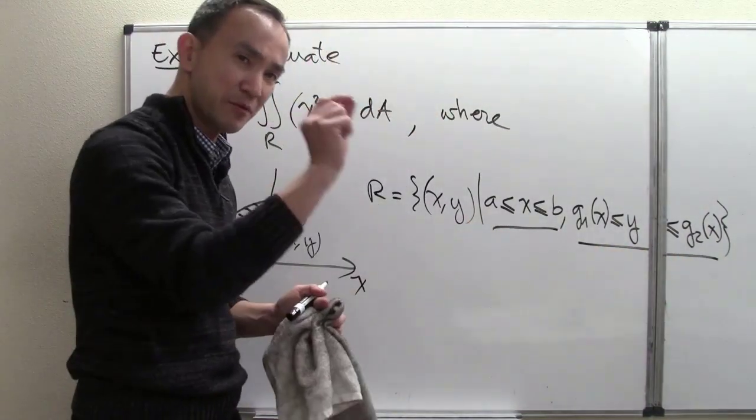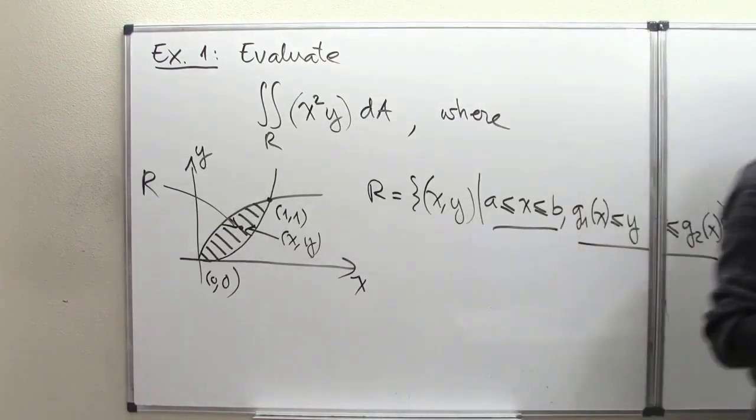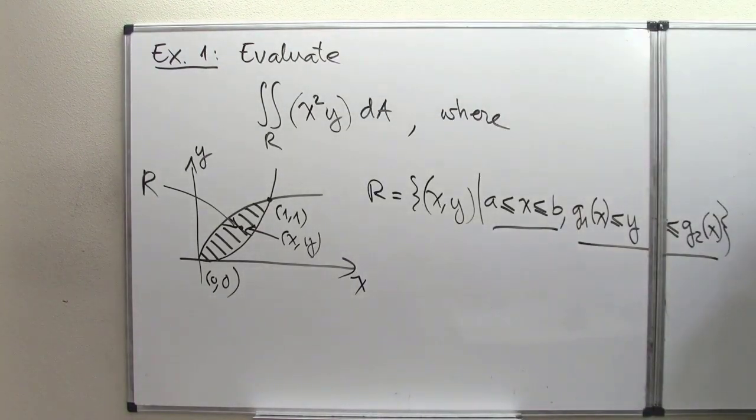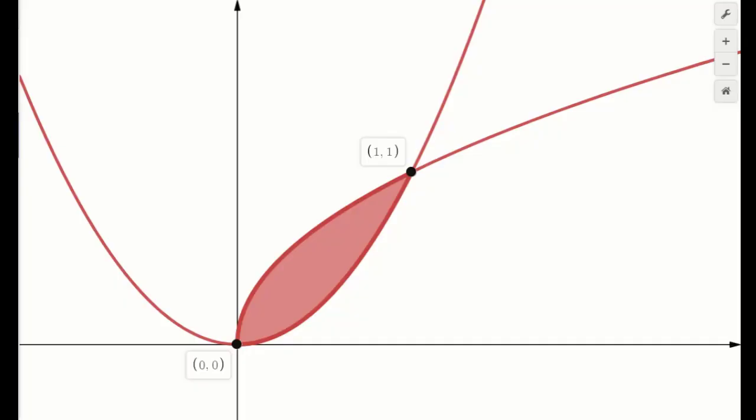Let me bring in the actual picture to make it clearer. Think in terms of this picture right here. At any point (x, y), think about the tip of my mouse cursor.